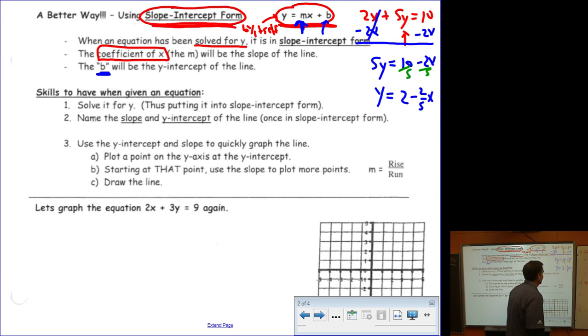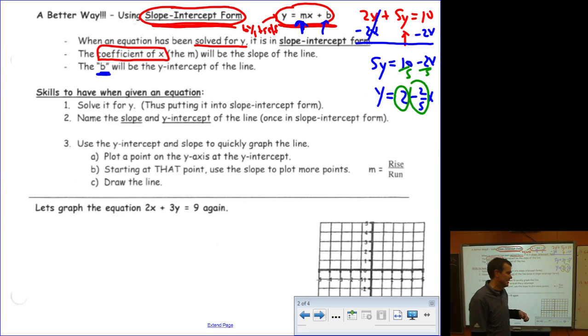In this case, this would be the y-intercept. That's the number that's not attached to the x. And this would be the slope. That is the number that's the coefficient of x. And if you know the slope and the y-intercept of a line, then you can graph the line like that. Takes no time at all.